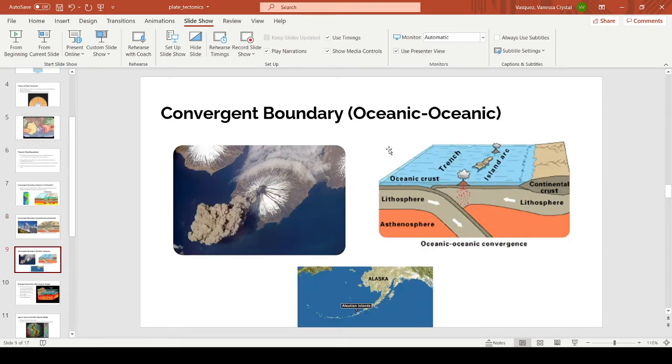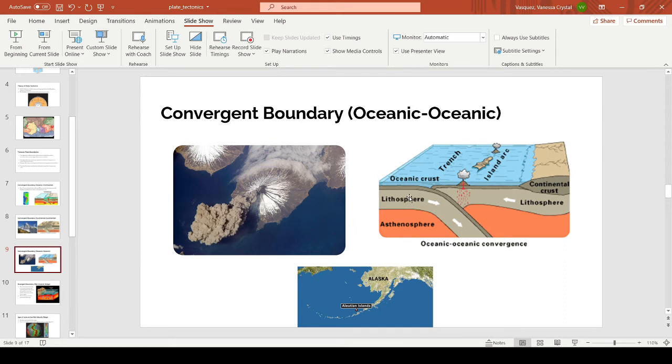Next we have the oceanic crust colliding into another oceanic crust, and again you have the same features that we see when an oceanic crust collides with the continental crust, except it's occurring in the middle of the ocean.